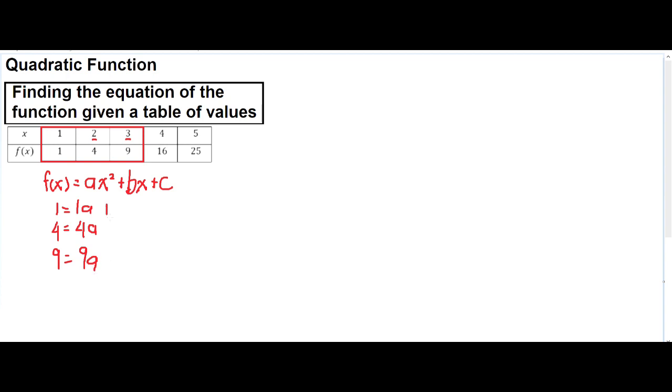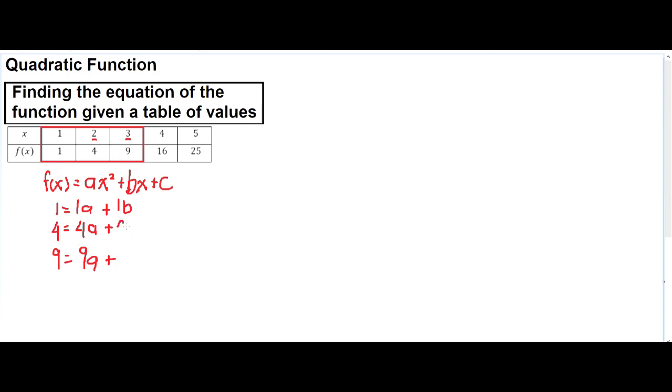Next, plus, plus, plus b. Wala naman b. Ano yung value na x mo again kapag ang f of x mo is equal to 1? 1. So, meron kang 1b. O kaya b. It can be b lang or 1b. Pwede din yan. Next naman, paano kapag ang f of x is 4? That's 2.